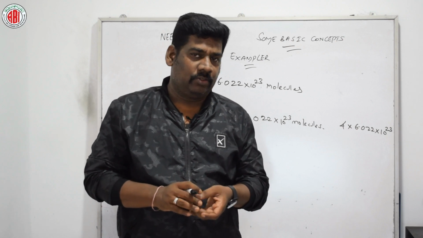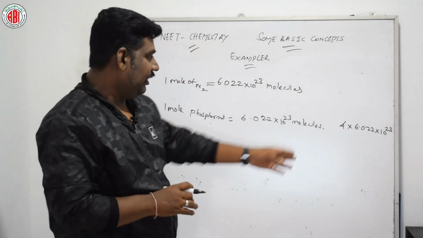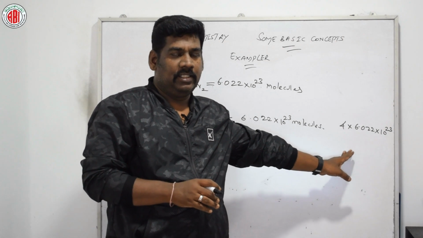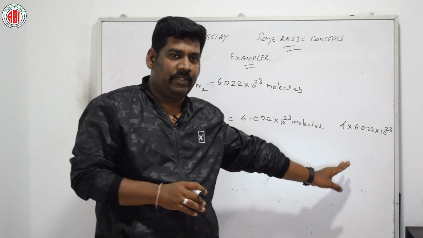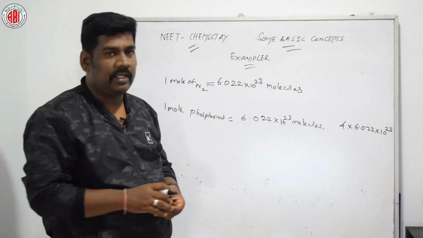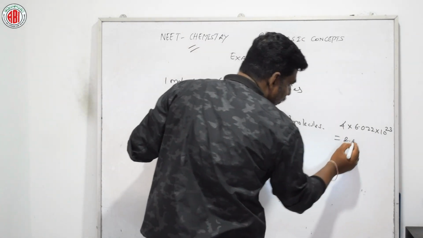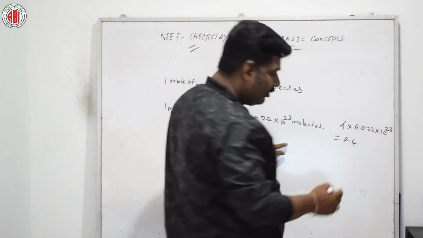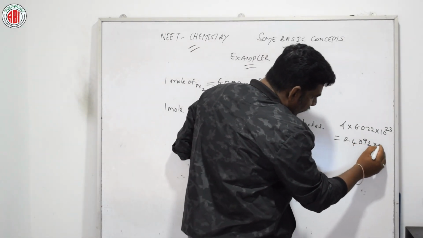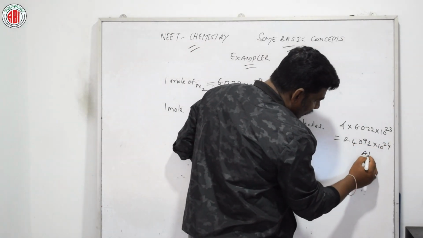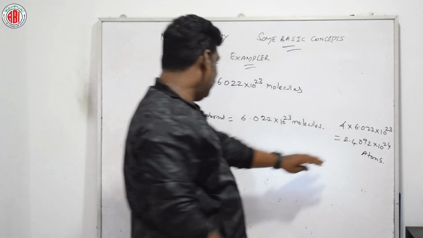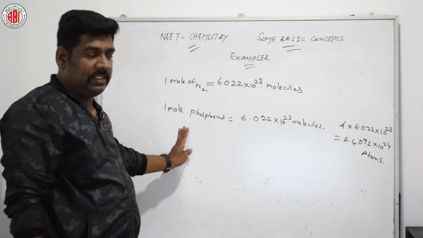Okay. So this could be written as 2.4092 into 10 to the power of 24 atoms. This is for phosphorus.